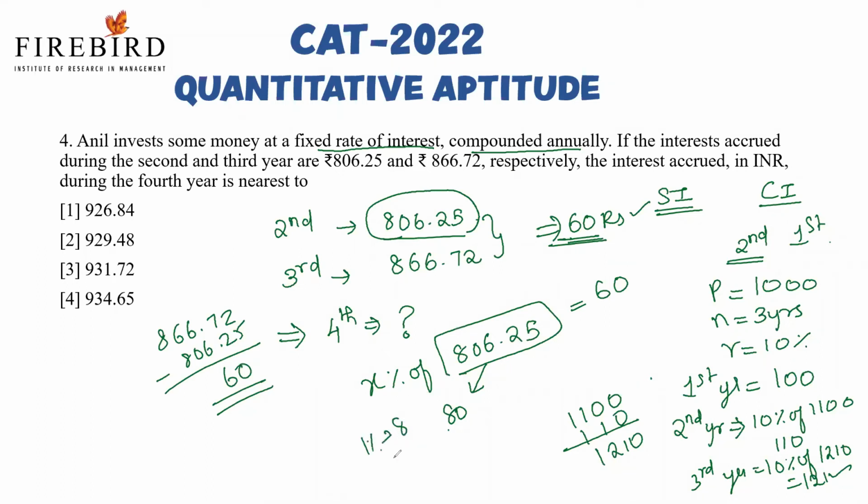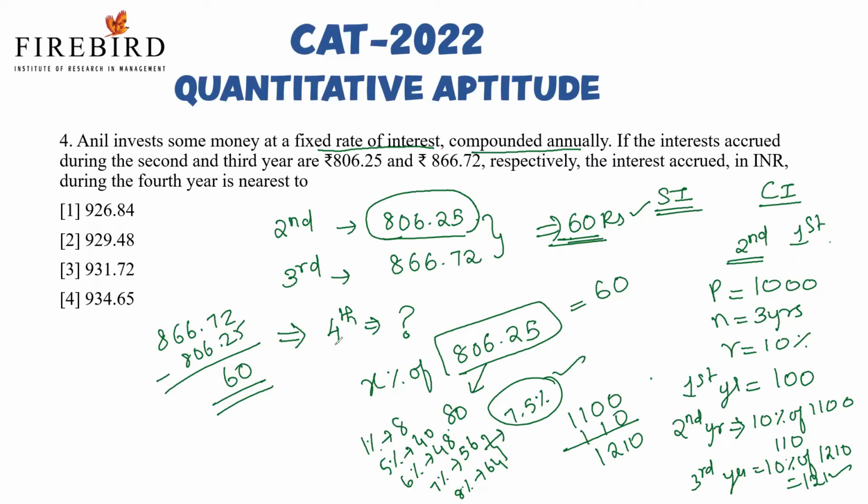If it is 5 percentage, it comes around 40. If it is 6 percentage, it is 48, 7 percentage it is 56, and 8 percentage it is 64. And 60 lies between 56 and 64. So I'll take 7.5 percentage as the answer. Okay, so the percentage of interest is 7.5 percentage.